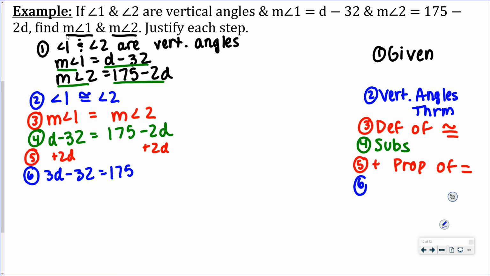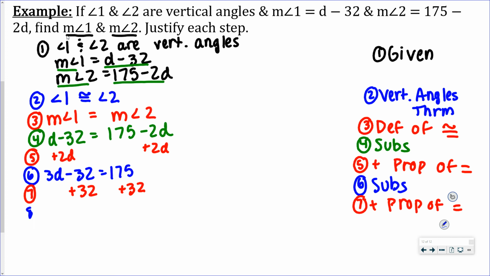Subs. Can we simplify it? Stay with me. Add 32. Simplify that with subs.